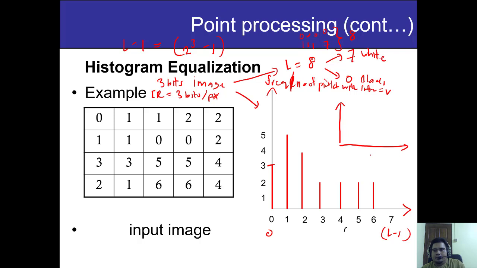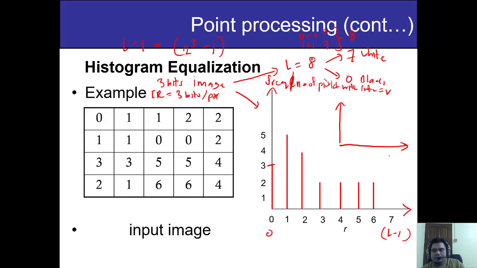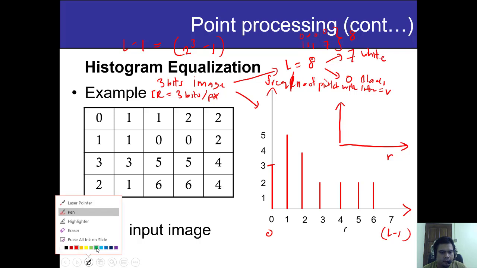This is your r, the same r, using the same notation as in the equation there.